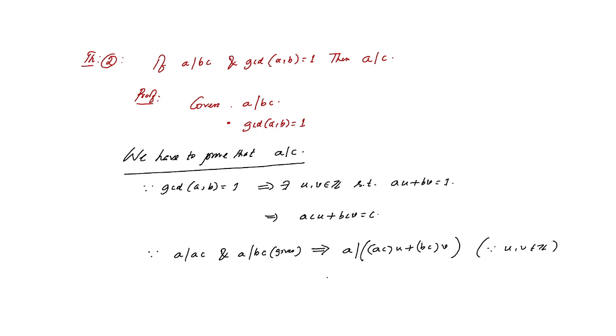And ACU plus BCV, by using star, equals C, so we can write A divides C. So what we have proved here is that A divides C. Proof is done.